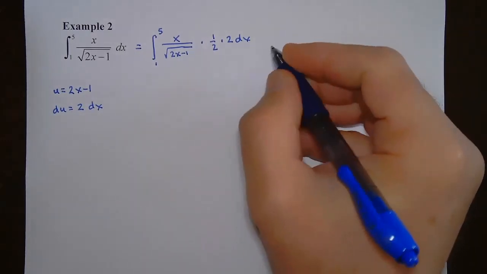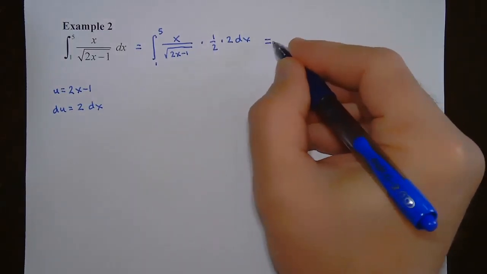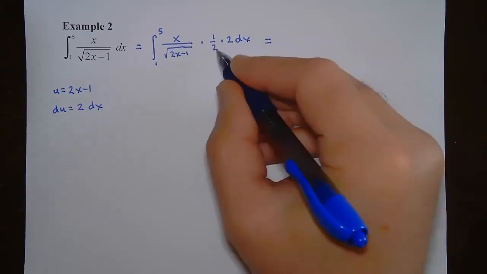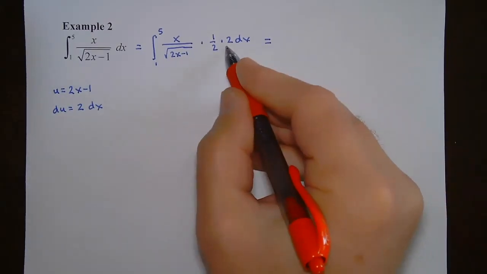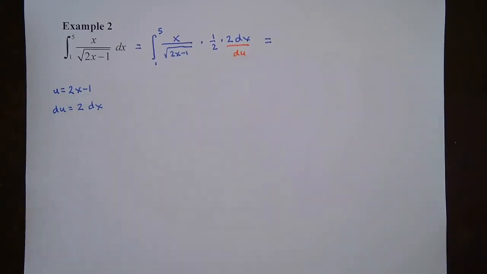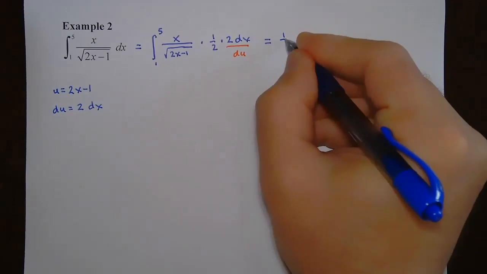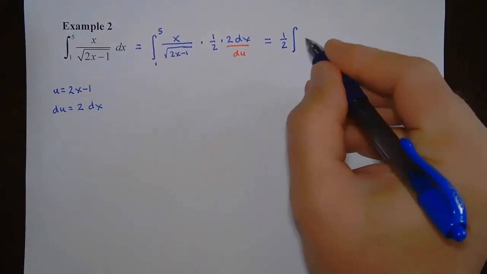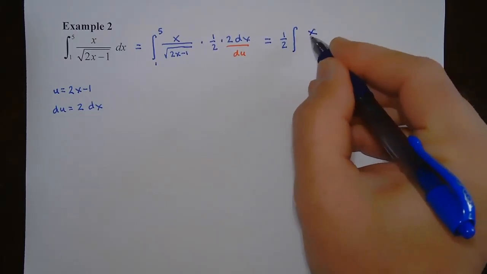Okay, so I'm going to come off to the side here. Okay, I'm going to keep going to the right. This is equivalent to, I'm going to bring this 1/2 out because this 2 dx is my du. Okay, and then this 1/2 is going to come out. So 1/2 the integral of x.